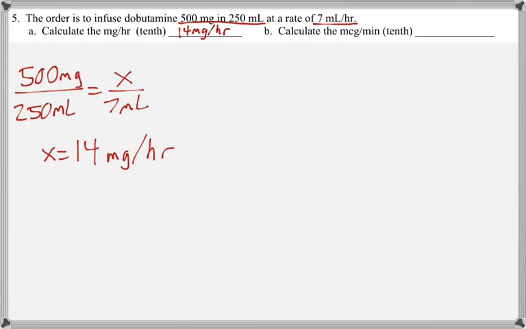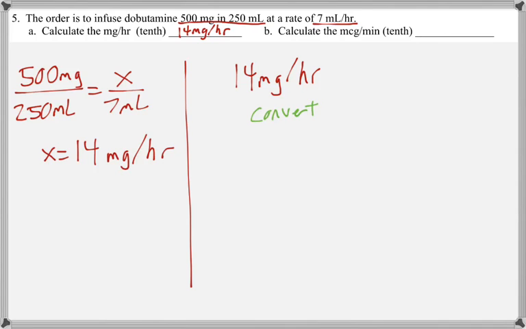Okay, so to get it into the final answer of mcg per minute, we need to do two things. The first thing I need to do is convert it. So converting from milligrams to micrograms, we're moving the decimal place 3 places, and this will be 14,000 micrograms per hour.